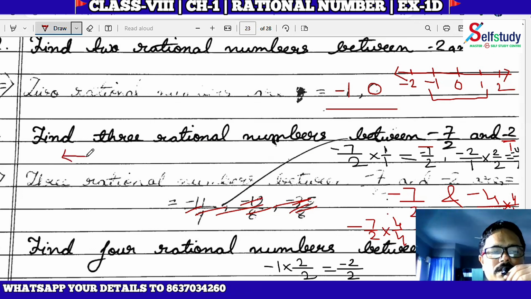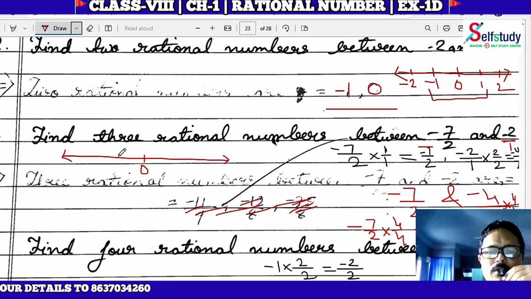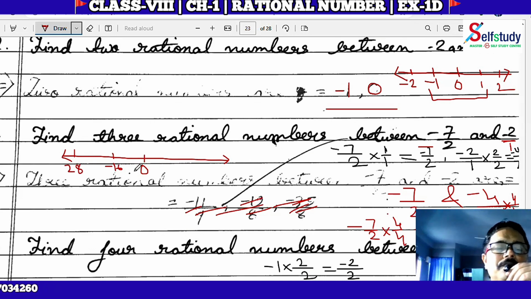So let's see that whenever you are writing three integers between the given two integers, if the concept is not clear, then please follow this step. On the number line, first minus 28 will come and then minus 16, like this only: minus 1, minus 2, minus 3, minus 4, like that it will go. Now, how many integers are there in between?